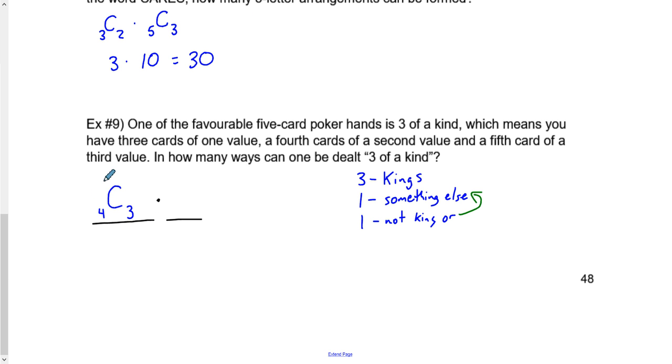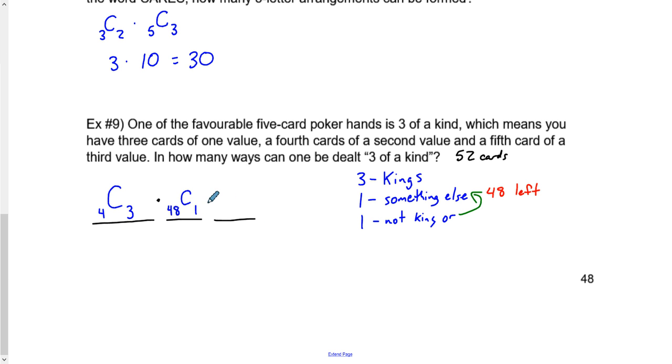So in total, we know that there's 52 cards in a deck. It doesn't matter what this card is, but it just can't be a king, which means out of the 52 cards, we'd have 48 cards left in the deck to choose from. It doesn't matter which one it is, it has to be one of those 48. So 48C1.